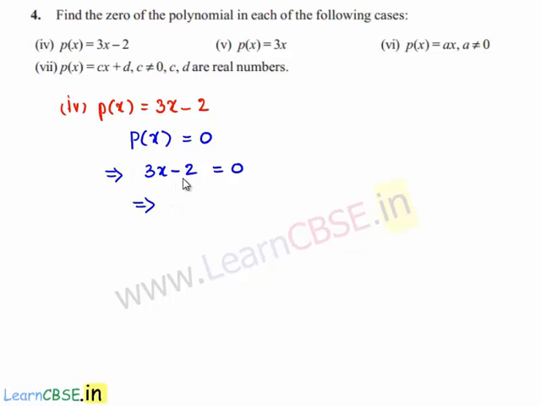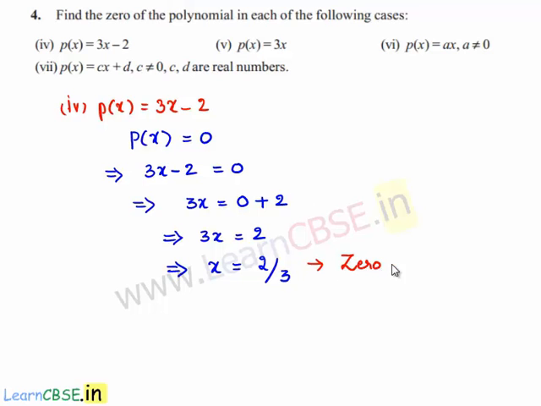So transposing minus 2 to RHS, we get 3x is equal to 0 plus 2. That is 3x is equal to 2. That implies x is equal to 2 by 3. Therefore, x is equal to 2 by 3 is the required zero of the given polynomial.